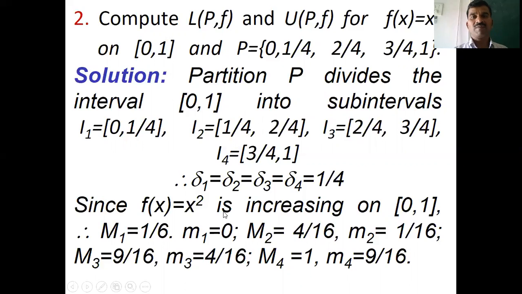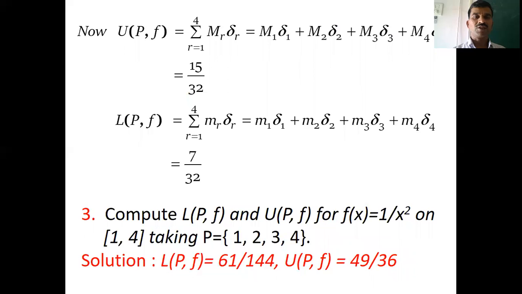Since the function is x square, it is increasing over this interval, and corresponding to I1, I2, I3, I4 we can find M1, M2, M3, M4, and similarly the infimums small m1, m2, m3, m4. With the help of these supremums and infimums, we can find the upper sums and lower sums respectively.